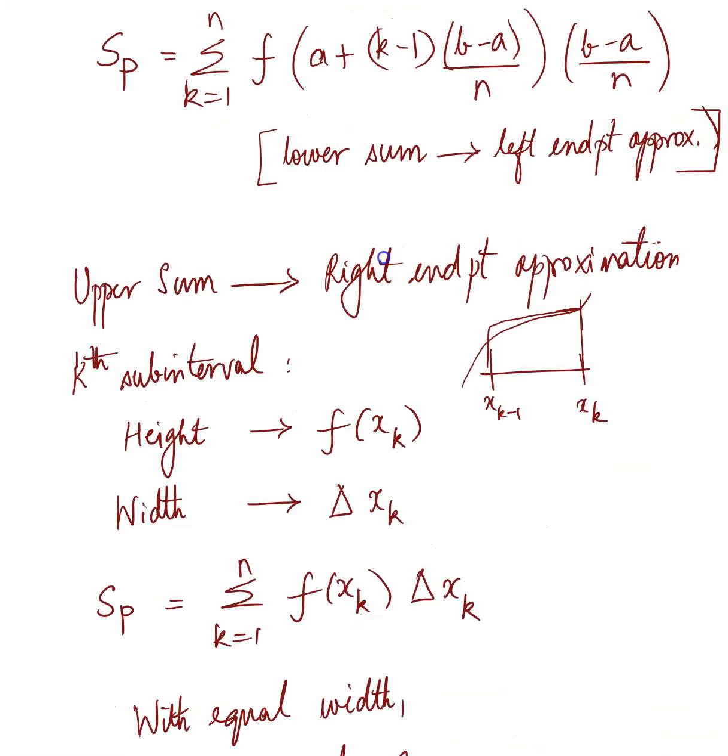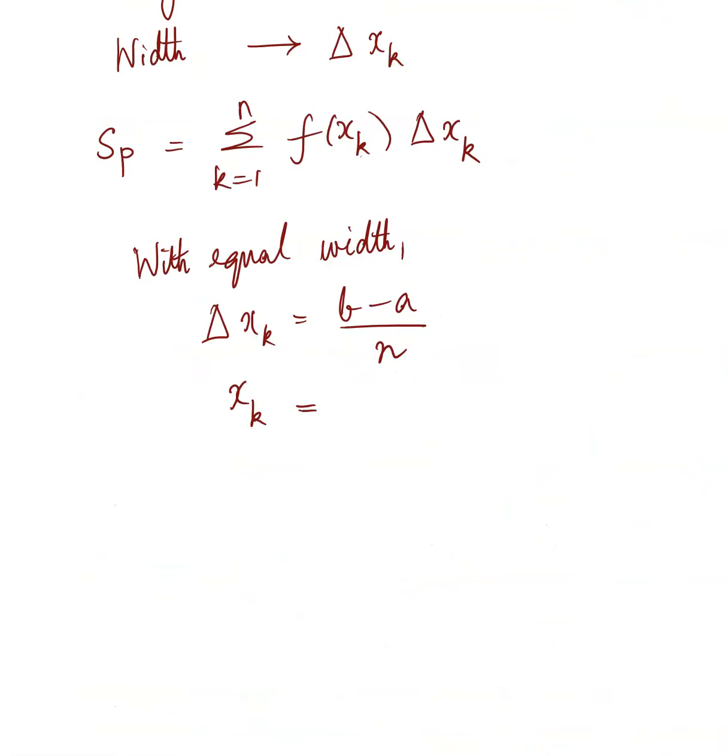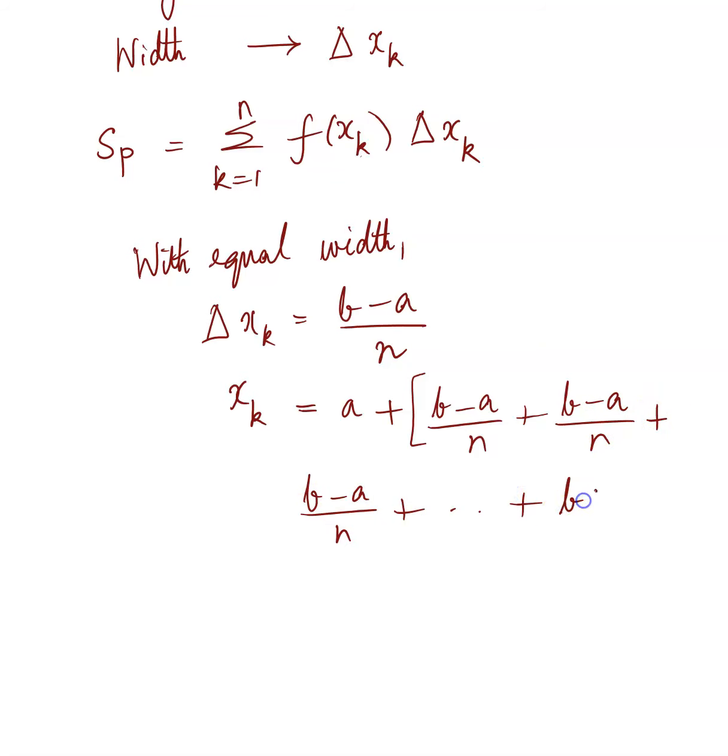So like before, I'm going to expand this. It's going to be a plus b minus a over n, plus b minus a over n, plus b minus a over n, and so on. It looks identical to the previous one, but the way we understand this is the equal width.